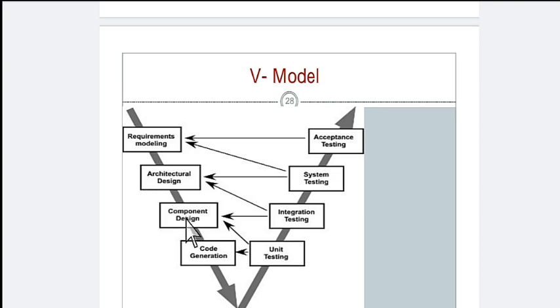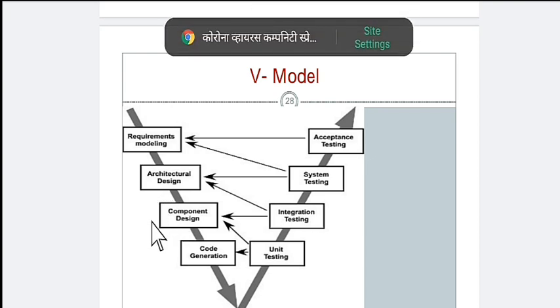After that, component design. In component design we will decide the units. Okay, the whole software is divided into different units, and those units will be decided or implemented in the component design. And the next one is code generation.